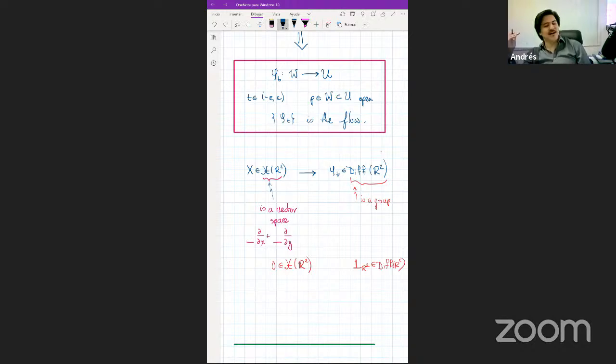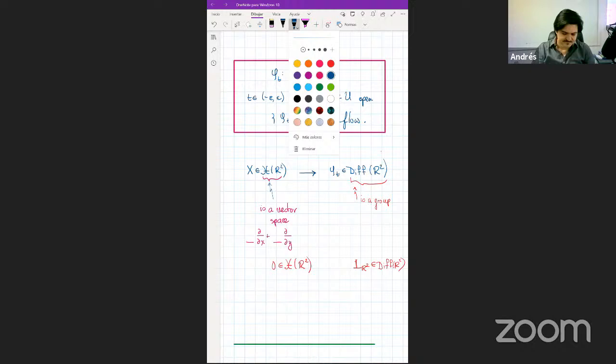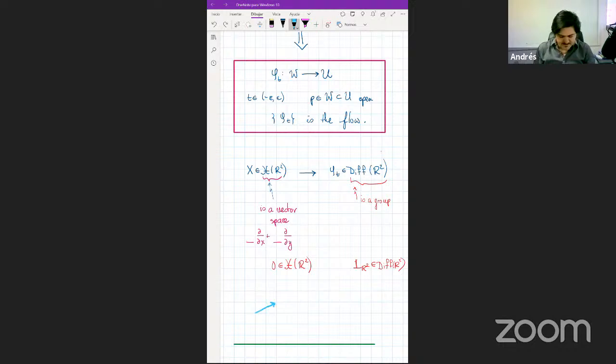Remember the following problem that we discussed a few weeks ago. Imagine in R2, I have a vector at some point. Let's say at the origin.